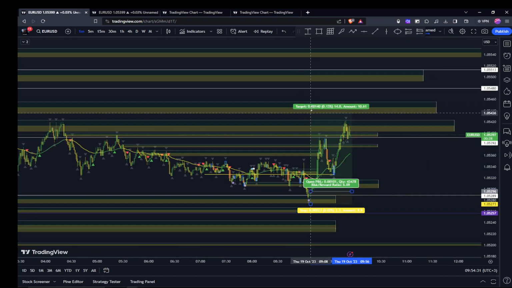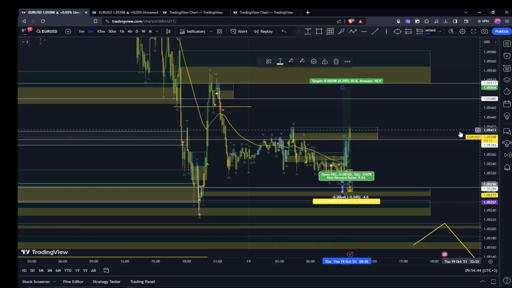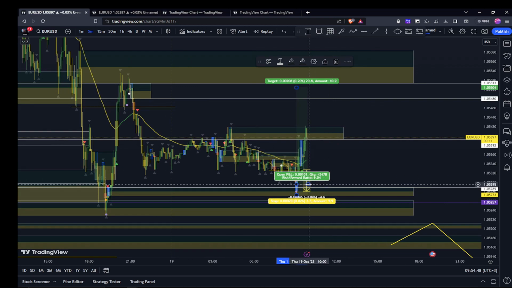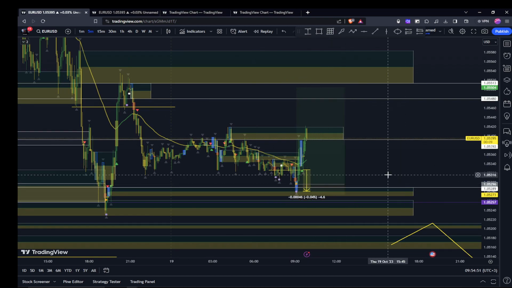Since today is a Thursday, you can leave runners and target 20 pips. And you see, it perfectly correlates with the 5 minutes. You target this bullish order block at this particular point.